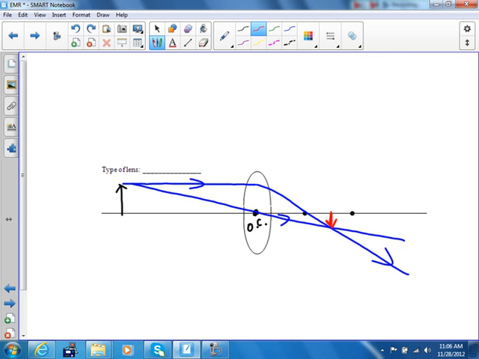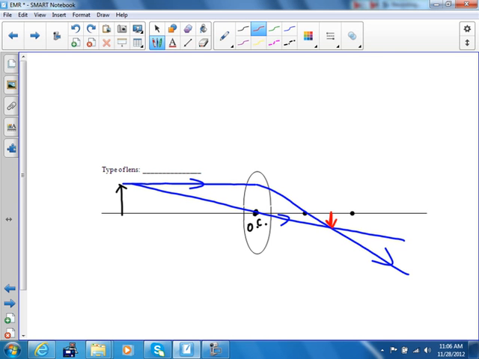Now, Brittany asked a question back when we did mirrors. She said, well, can't we just remember that if the image is on the other side of the mirror as the object, then it's a virtual image? Yeah, that works with mirrors, but with lenses, it's the exact opposite. If it's on the opposite side, it's a real image.